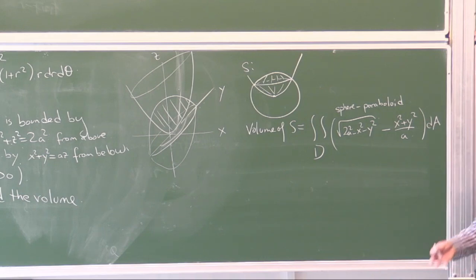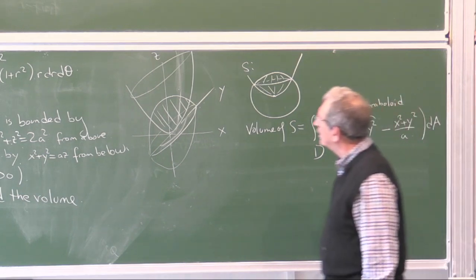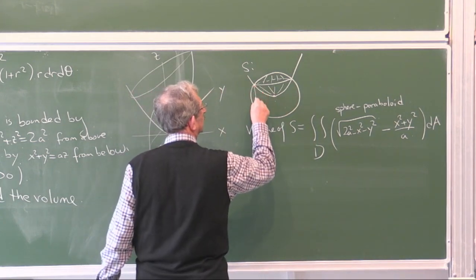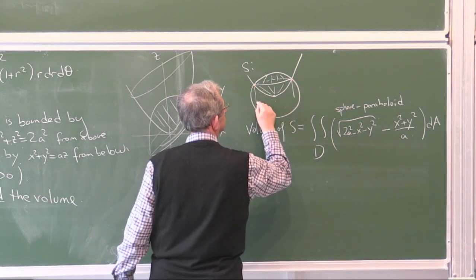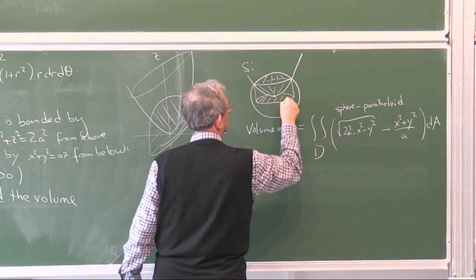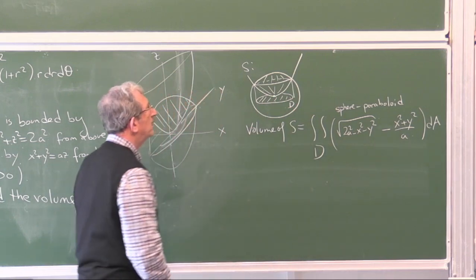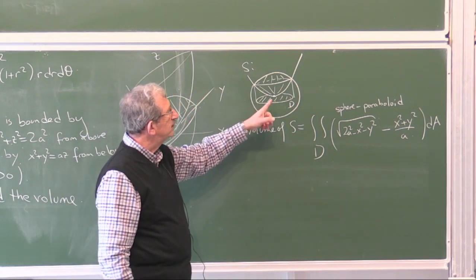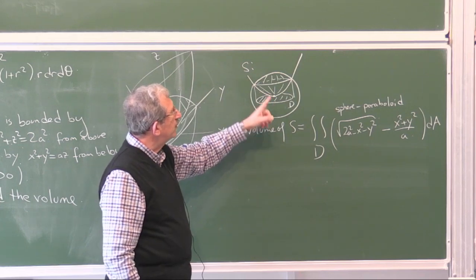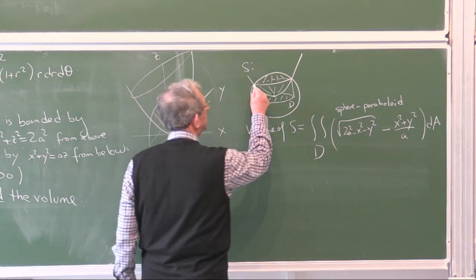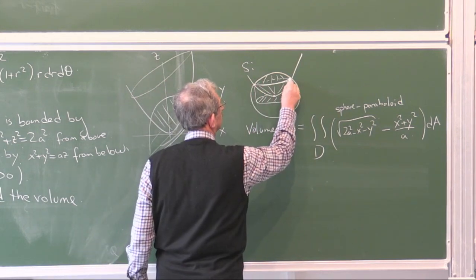Now, what is D? Well, D from this picture directly is this part. What determines D is the circle around it, its boundary. And this circle is clearly the same as the circle at the top, which is given by this one.